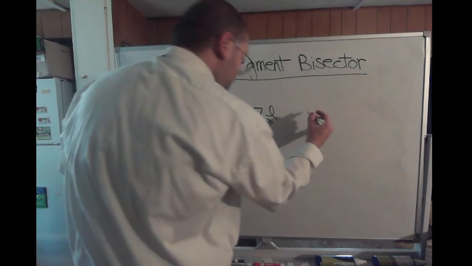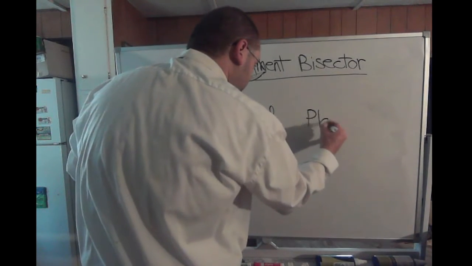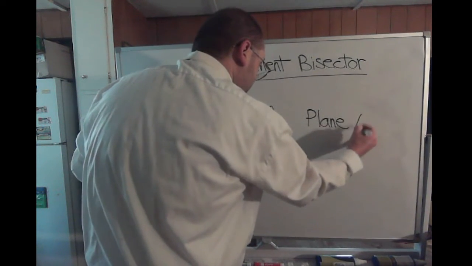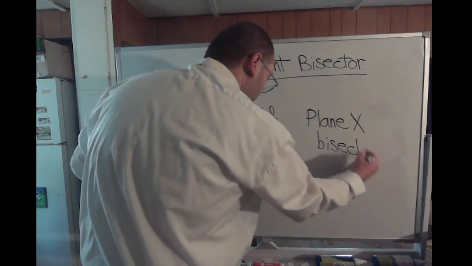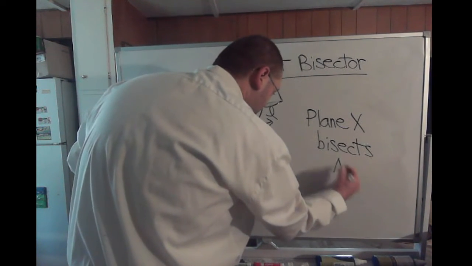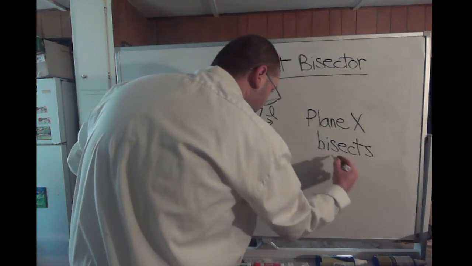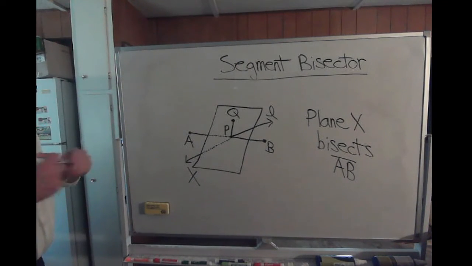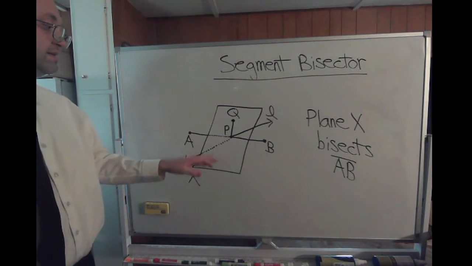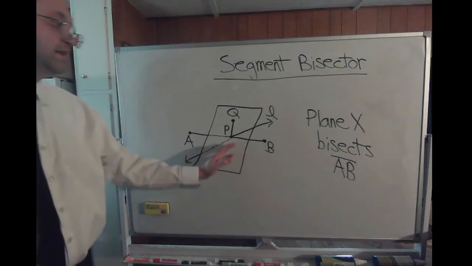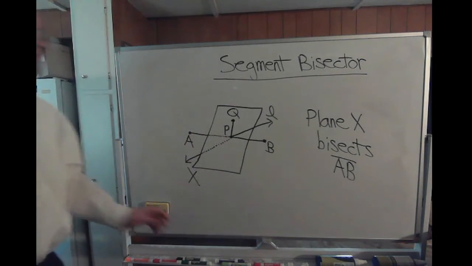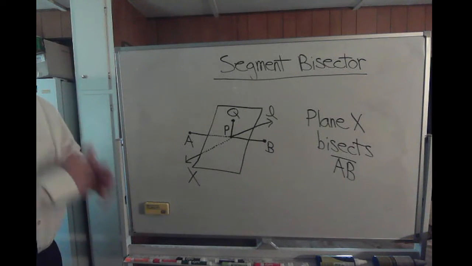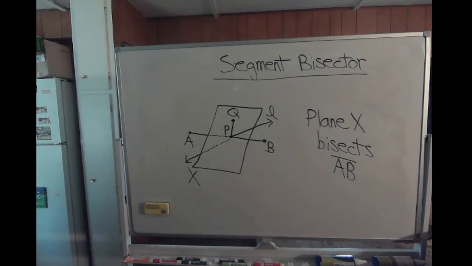So you could actually argue that plane X bisects line segment AB. So that's how that would work. Plane X also bisects line segment AB at point P. So yes, those are really all the definitions today.